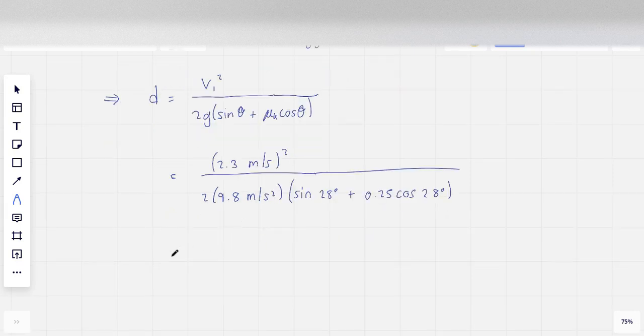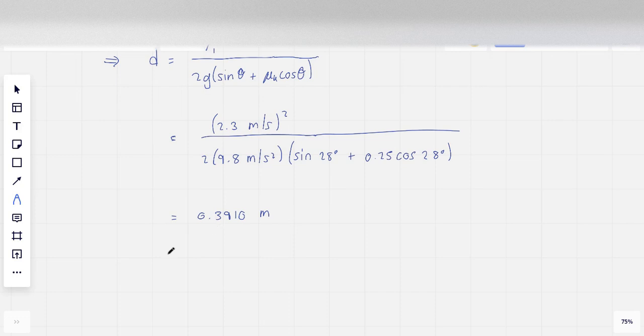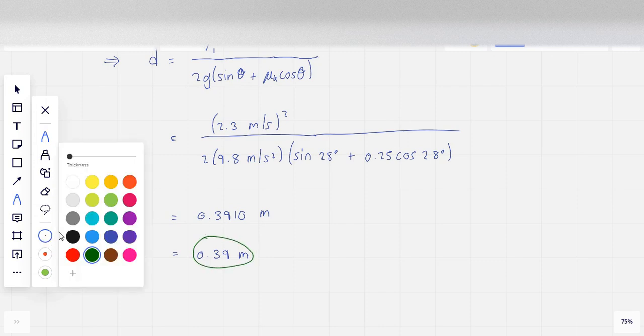And so if we calculate this, we get the distance traveled up the slope to be 0.3910 meters. And if we keep our significant figures, this is 0.39 meters. So that's our first answer for part A.